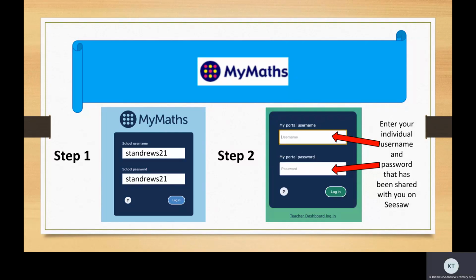And you'll see on the right-hand side that you have to type your username in the first box and your password in the second box. And we've tried to make it as easy as we can for you by making sure that your password is the same as the one you use for TT Rockstars.